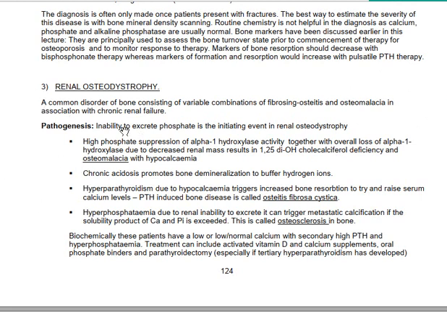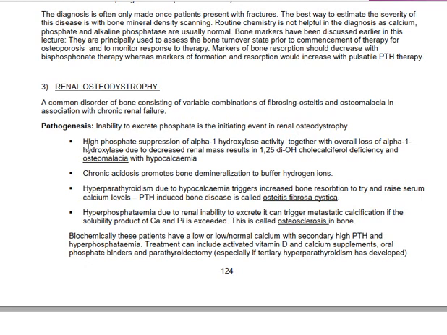Now, the next is pathogenesis. What's the pathogenesis of renal osteodystrophy? You need to know that it is the inability to excrete phosphate. The inability to excrete phosphate is the initiating event of renal osteodystrophy. That's the major effect. You can also have associated hypocalcemia, but the major event is the inability to excrete phosphate.